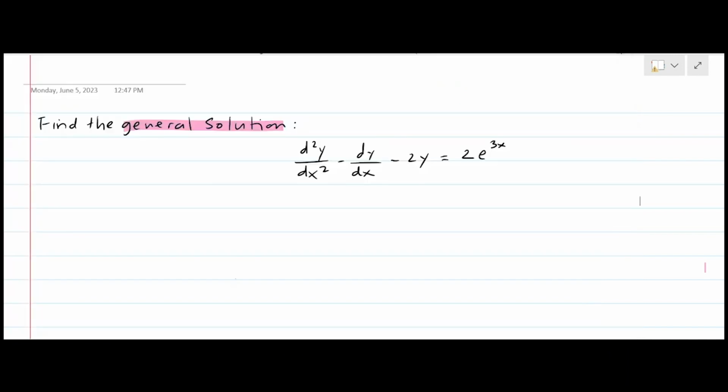Okay, let's try to find the general solution of the second derivative d²y/dx² minus dy/dx, the first derivative, minus 2y equals 2e to the power of 3x.